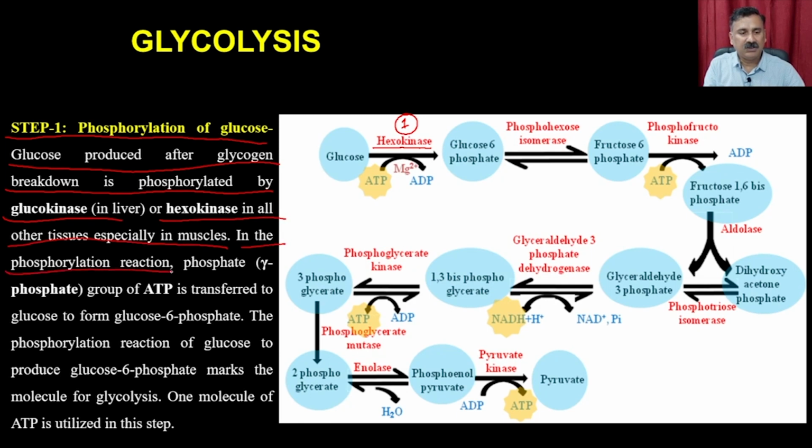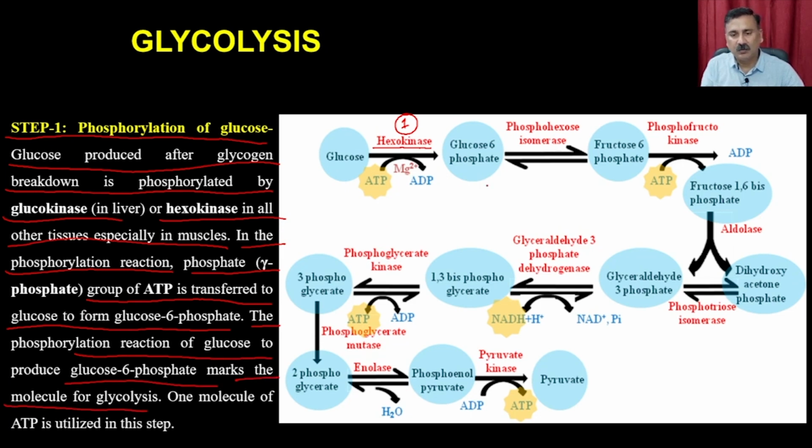In the phosphorylation reaction, the phosphate group of ATP is transferred to glucose to form glucose 6-phosphate. The phosphorylation of glucose produces glucose 6-phosphate, and it marks the molecule for glycolysis, which means that as soon as glucose 6-phosphate is produced, it commits this particular glucose molecule to glycolysis.